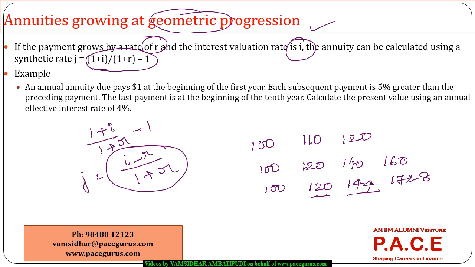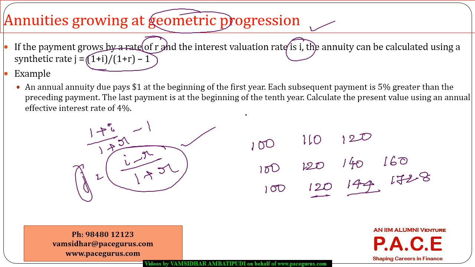If my payment is increasing by whatever extent R, and the interest rate is I, I can consider J, the new modified interest rate, as I minus R by 1 plus R, and based on that I will proceed with my calculation.